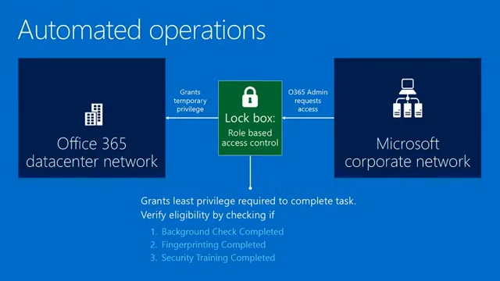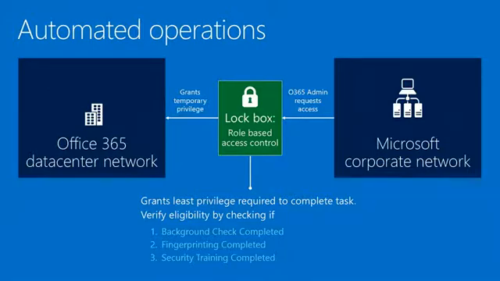What this is talking about here is that the Microsoft corporate network does not have a direct connection into the Office 365 data center. So it's not possible, for example, for an administrator who's doing something on the Office 365 data center network to open up their email in another window. They don't have access to their collaboration type activities and personal productivity applications when they're inside the data center network.